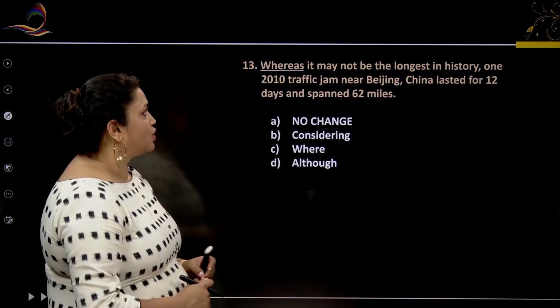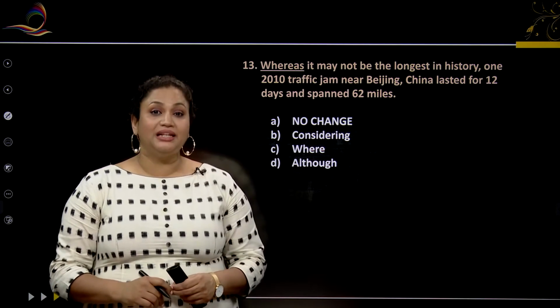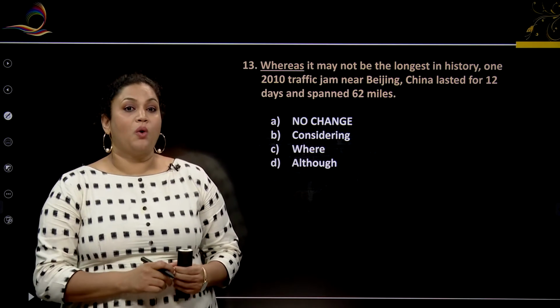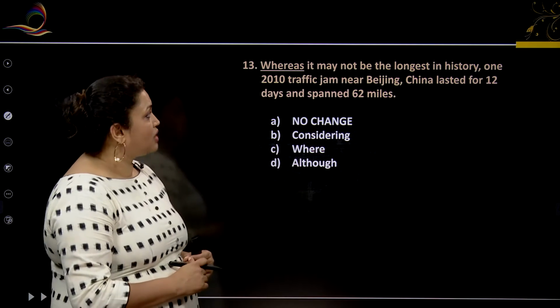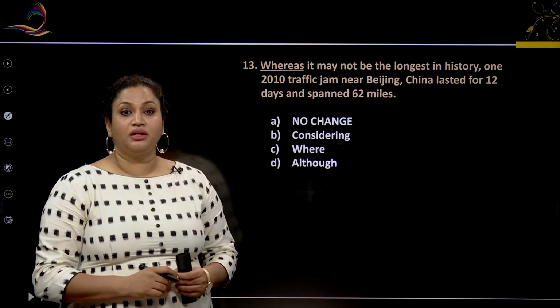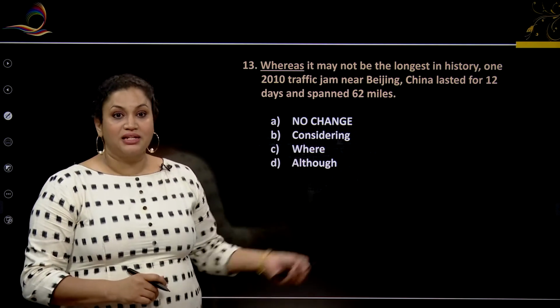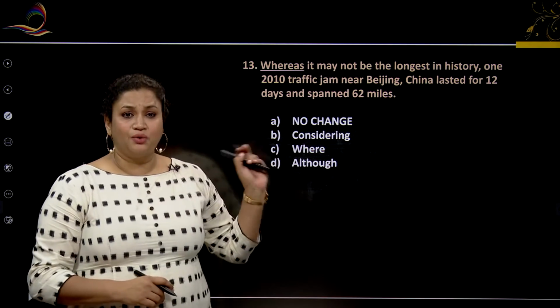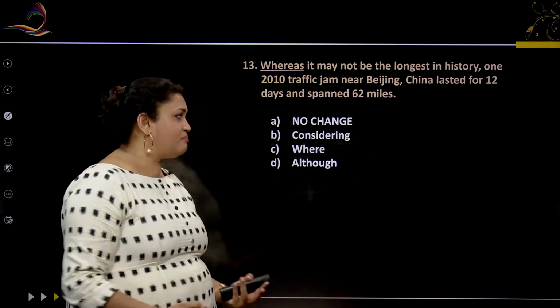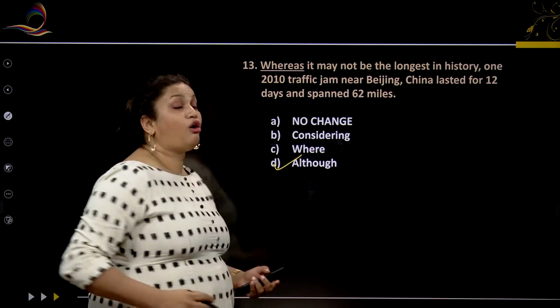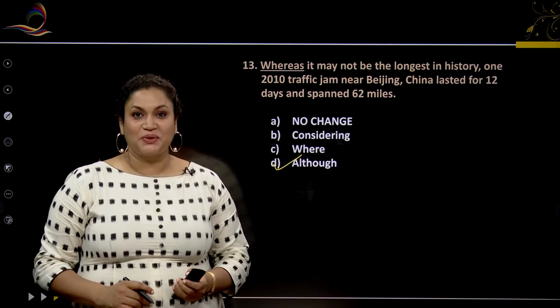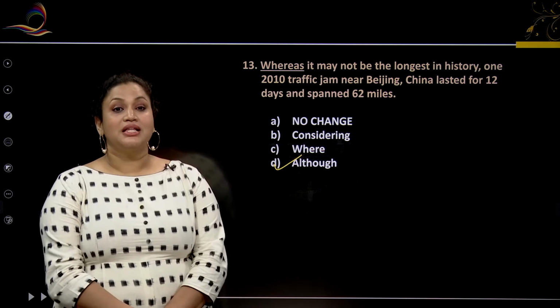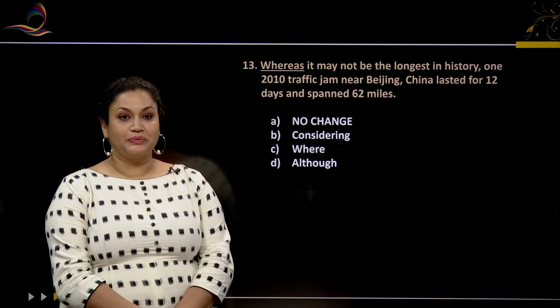Again, here also you will say although it may not be the longest in history, 2010 traffic jam near Beijing, China lasted for 12 days and spanned 62 miles. Considering, where and no change do not make sense, only although can make the best sense. So therefore we use although. Let's check the next one out.